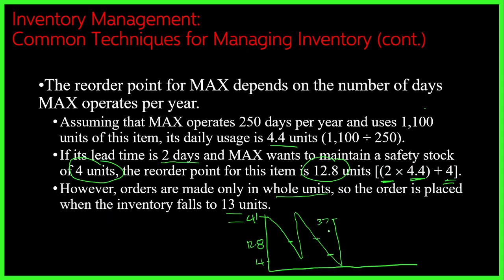That is what will happen to the level of your inventory if this 4 units of safety stock was used. Which means that next time you purchase at 12.8, you should be buying at 45. So that, assuming nothing will happen and they will arrive on time, after 2 days, it will be restored back to, actually, it's not 41 na, that's the acquisition 45 pala yan.